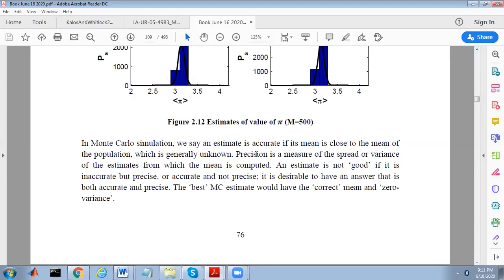Precision is a measure of the spread or the variance of the estimates from which the mean is computed. An estimate is not good if it is inaccurate but precise, or if it is accurate but not precise. So it is desirable to have an answer that is both accurate and precise. The best MC estimate would therefore have the correct mean and a zero variance.